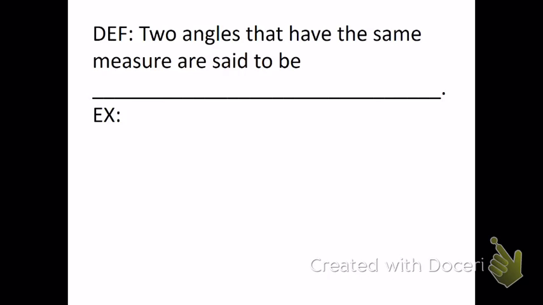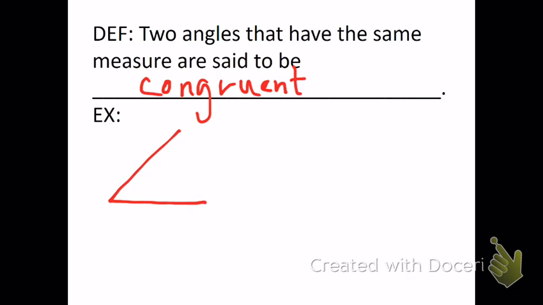Two angles that have the same measure are said to be congruent. So here we have angle ABC, and here we have angle DEF.